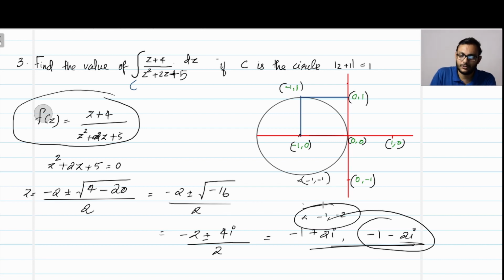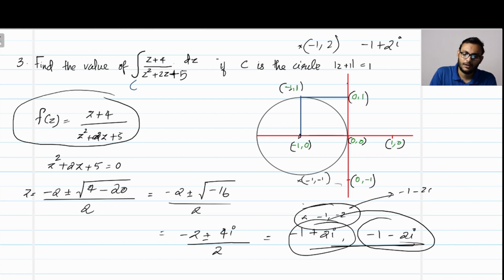Now again going for the first point, it is minus 1, and this point is minus 1 plus 1, and somewhere around here we will get minus 1 plus 2i. Clearly both the two points which are non-analytic for the given function are placed outside the contour.